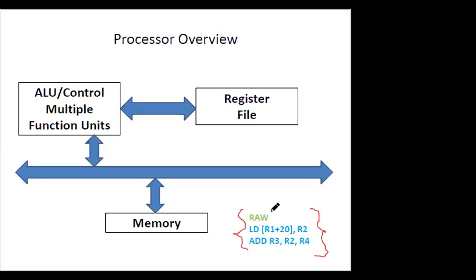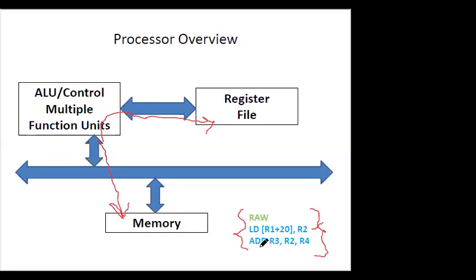Suppose we have a load instruction, and this load instruction takes data from the memory address given by register R1 plus 20, and the data held at this address is transferred to the register R2. So it fetches that data from the memory location over the bus system and puts it into register R2.